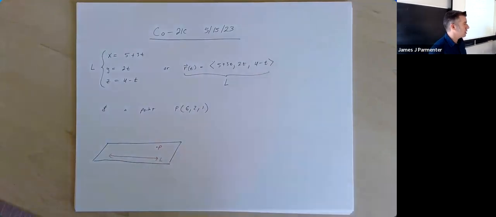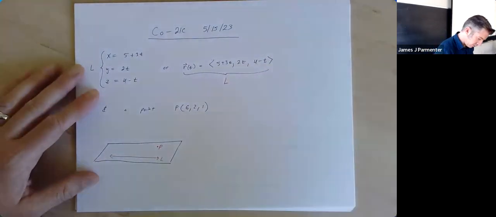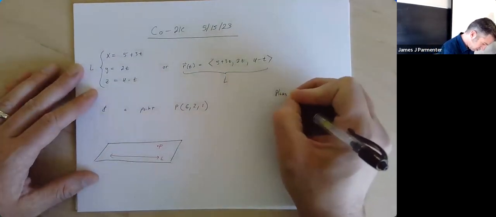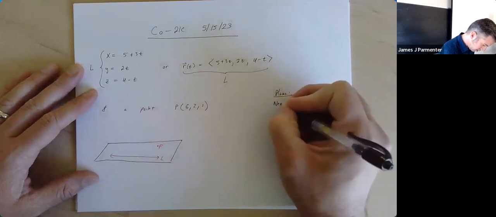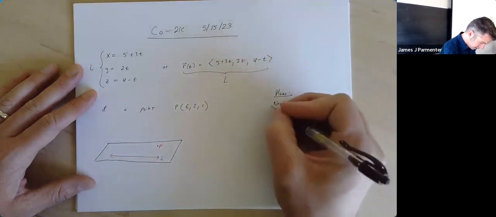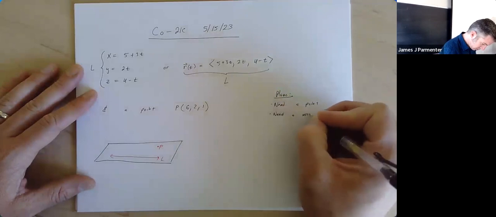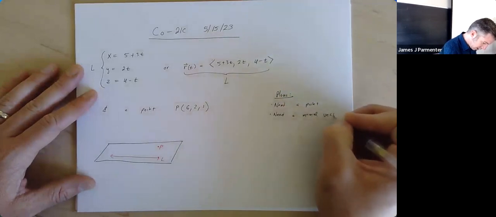To find the equation of a plane, what you really need is a point, which we certainly have, and a normal vector. What is a normal vector?